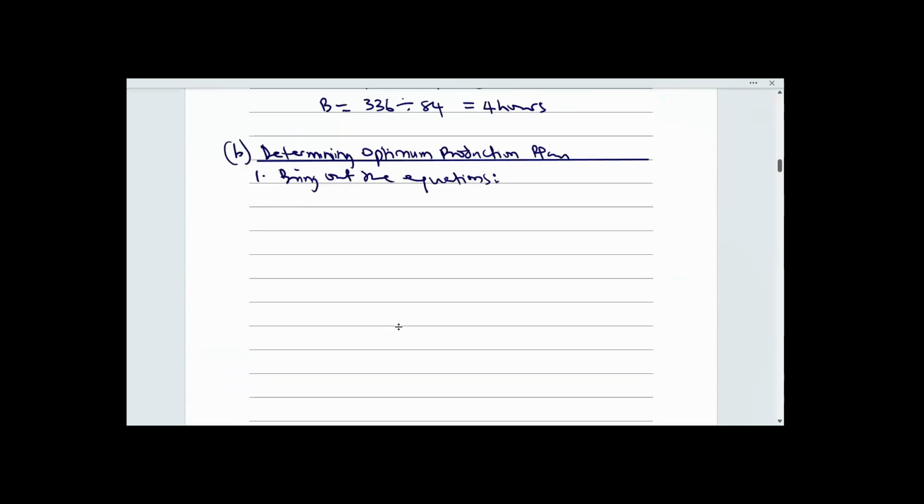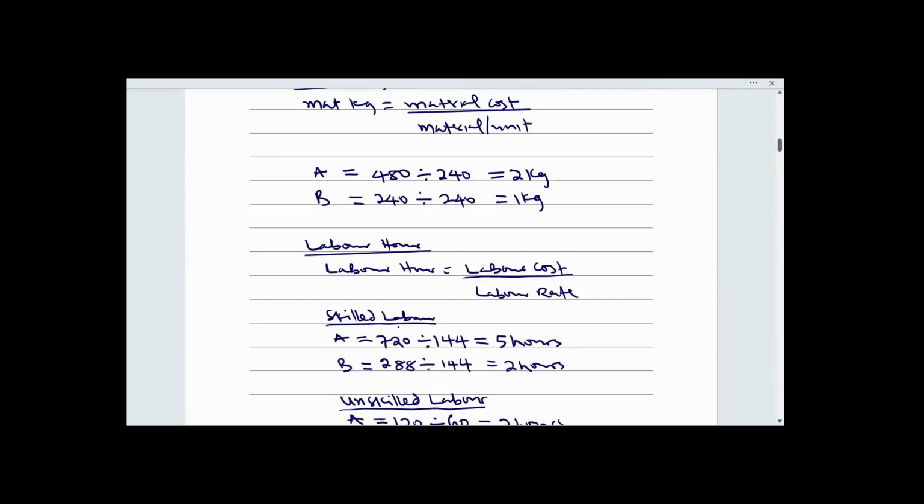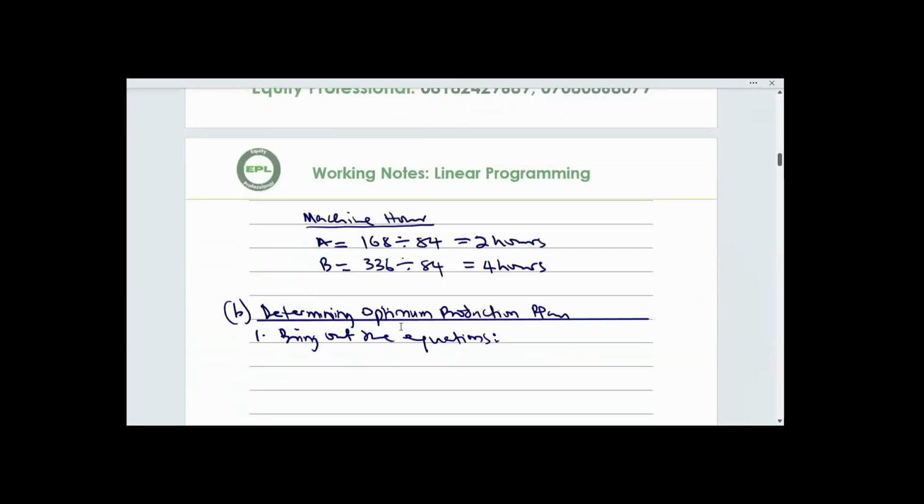Equation 2 is 5A plus 2B equal to 48,000.